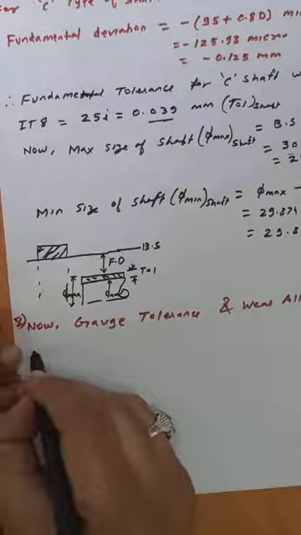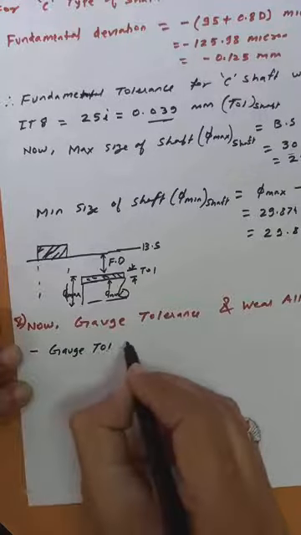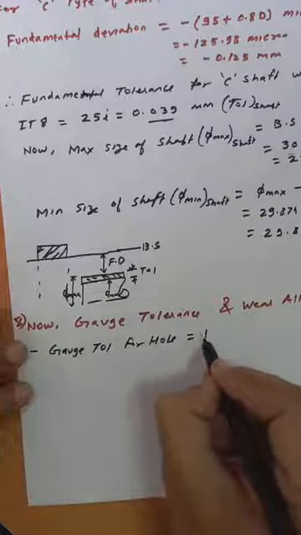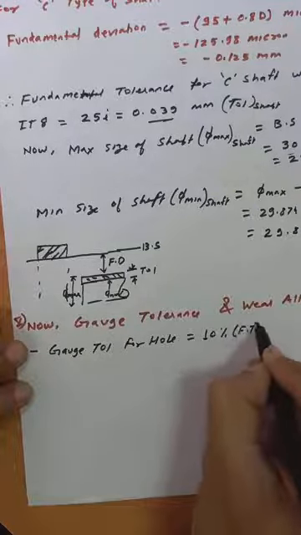The gauge tolerance for the hole is taken as 10% of the fundamental tolerance for the hole.